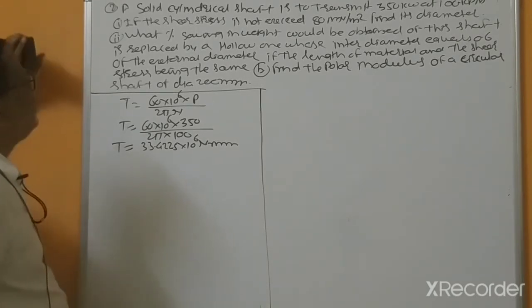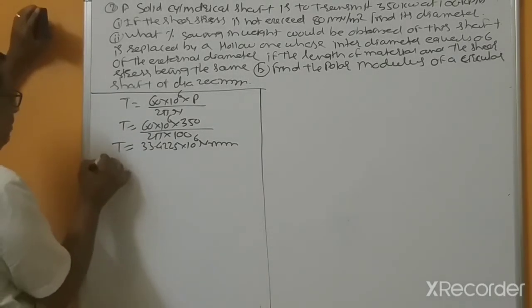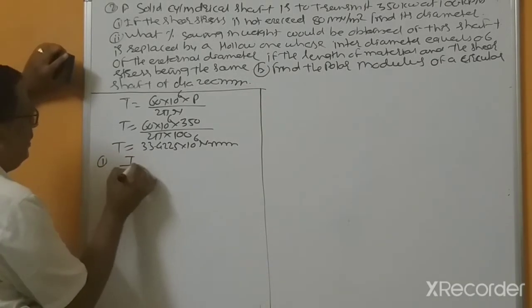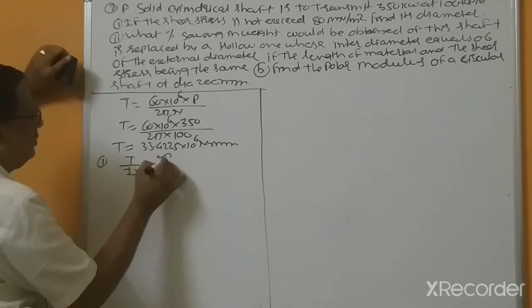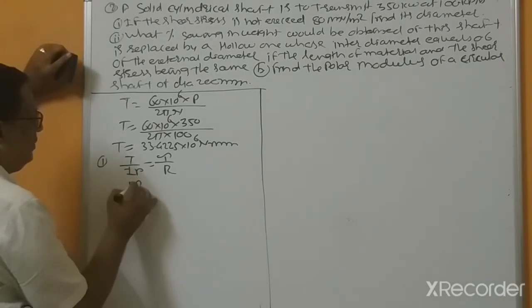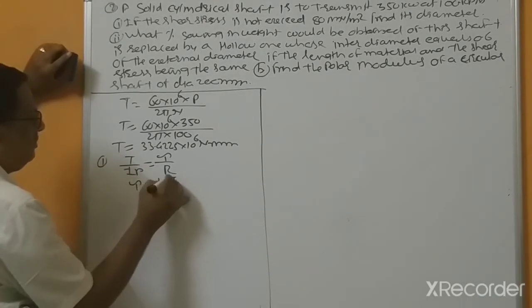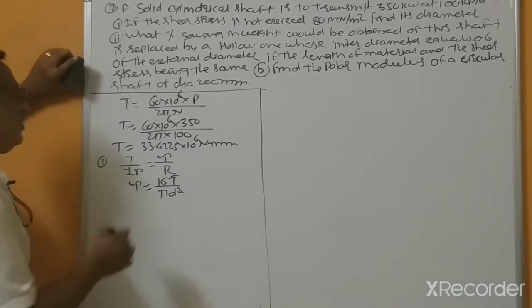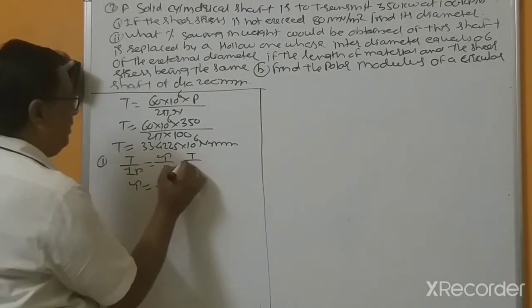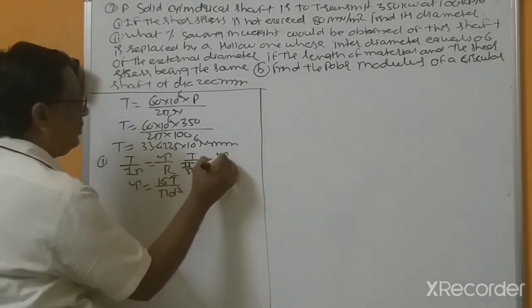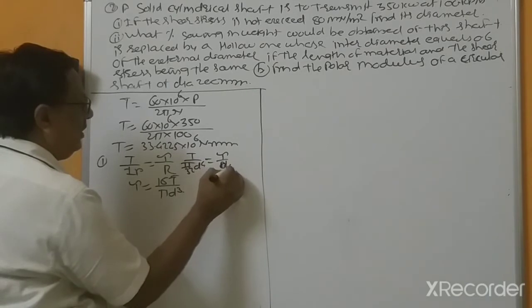If the shear stress is not to exceed the limit, then T divided by polar moment of inertia equals tau divided by R. Otherwise tau equals the modified formula 16T divided by pi d cube, because T divided by pi by 32 d raised to 4 equals tau divided by d by 2.